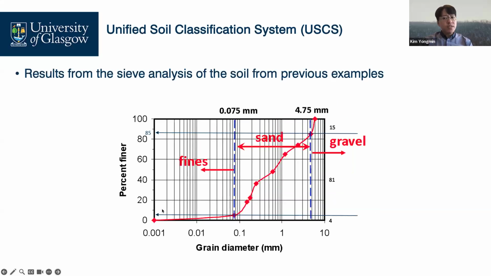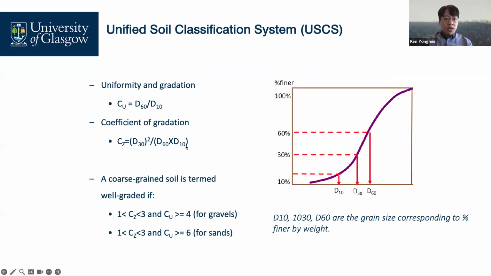From the sieve analysis, we are able to figure out the proportion of gravels, sand, and fines. From the figure, we also calculate the uniformity coefficient and coefficient of curvature based on D10, D30, and D60, right?